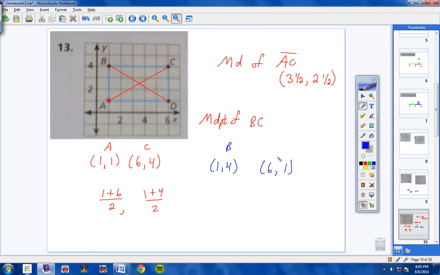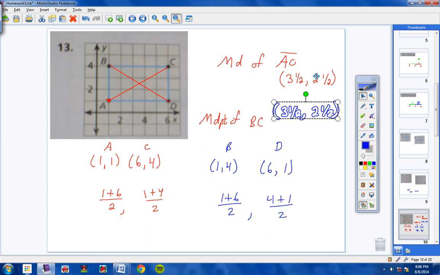So we're going to find the midpoint between those two points. So we would have 1 plus 6 divided by 2, comma, 4 plus 1 divided by 2. And look what you get, the exact same thing. 7 over 2, which is 3 1/2, and 5 over 2, which is 2 1/2. So there's the answer. We found the midpoint of both segments. And are they the same? The answer is yes, they're the same.